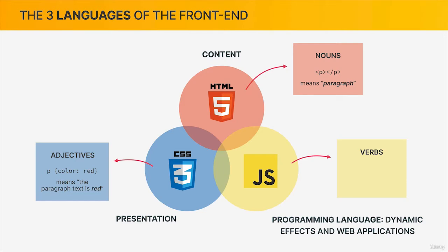And so red is the adjective describing the noun. All right? Finally, JavaScript is of course the verb, like saying hide the paragraph. So we're actually doing something here. And so we have a verb. Okay? Does that make sense? All right. And with this, we finish our introduction to web development. And so we're now ready to start working with HTML and CSS code in this course.